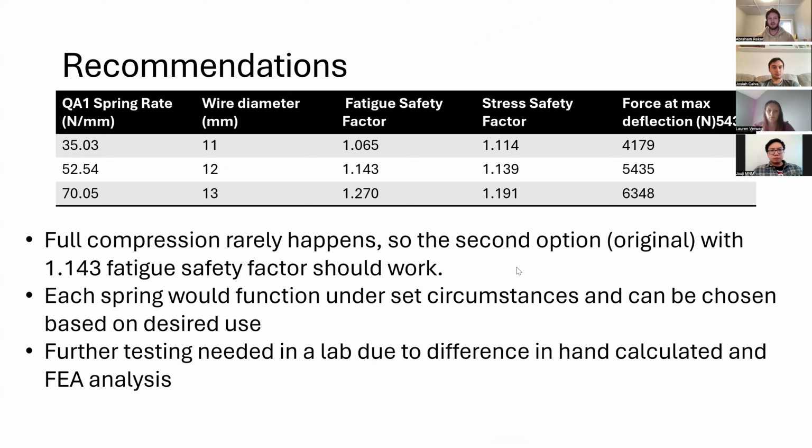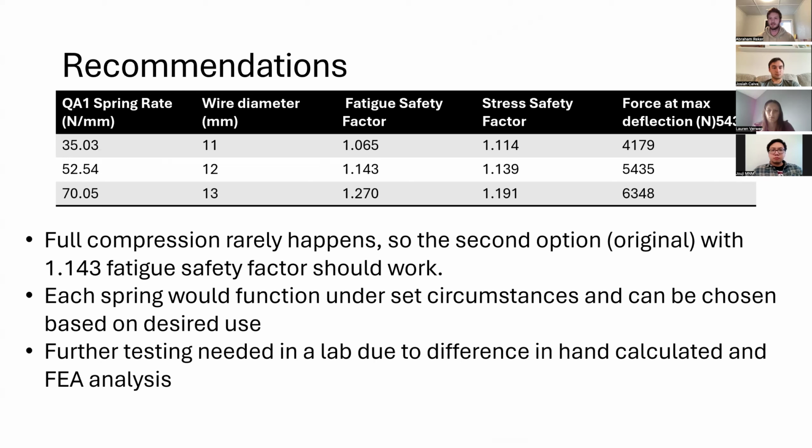We did think that further testing would need to be done to verify our results, and also a large question mark in this project was the wire diameter. You see, we went from 11 to 12 to 13 millimeters.